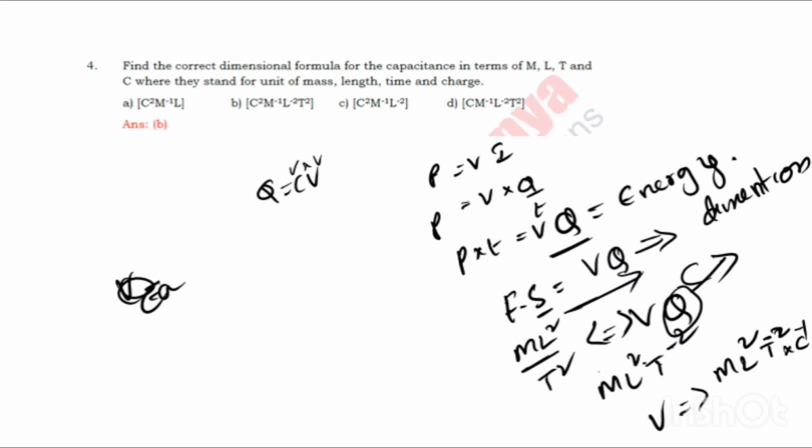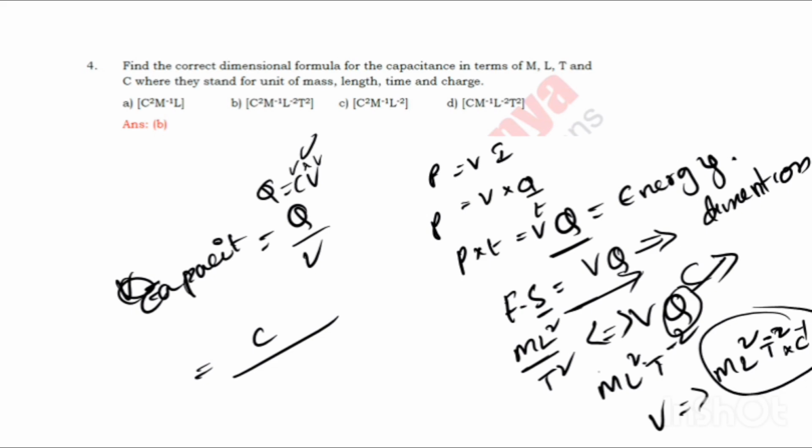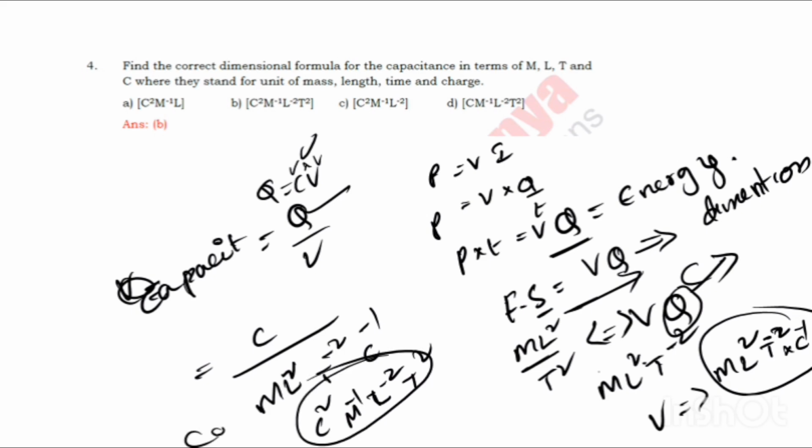Capacitance is equal to Q by V. The Q dimensional formula is C and the V dimensional formula is ML²T⁻²C⁻¹. So C²M⁻¹L⁻²T² is the dimensional formula for capacitance. So this is the correct one.